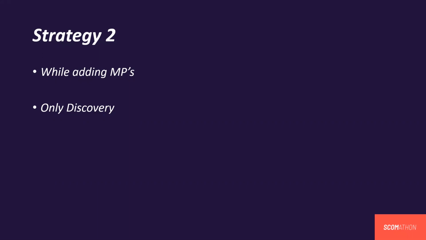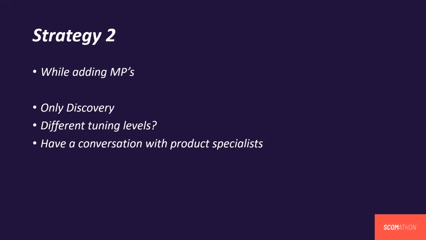And from there, you can actually also discuss the different tuning levels, because you might find out that some of these machines are actually test servers or acceptance and production. And you might want to have a conversation with the product specialists about this. So this is very important, especially while adding monitoring for different kinds of products.